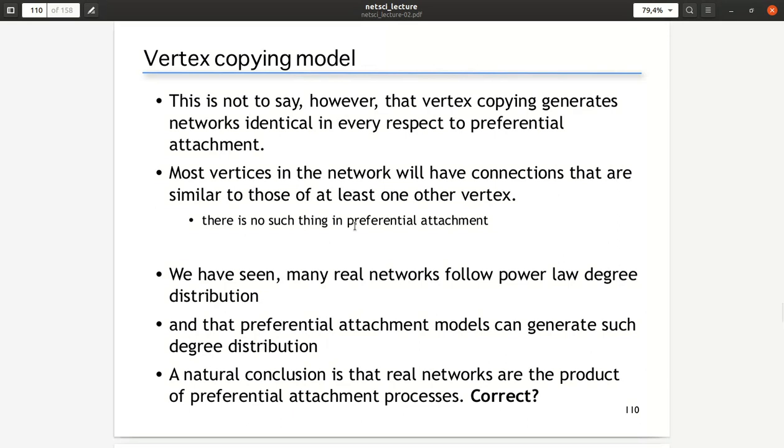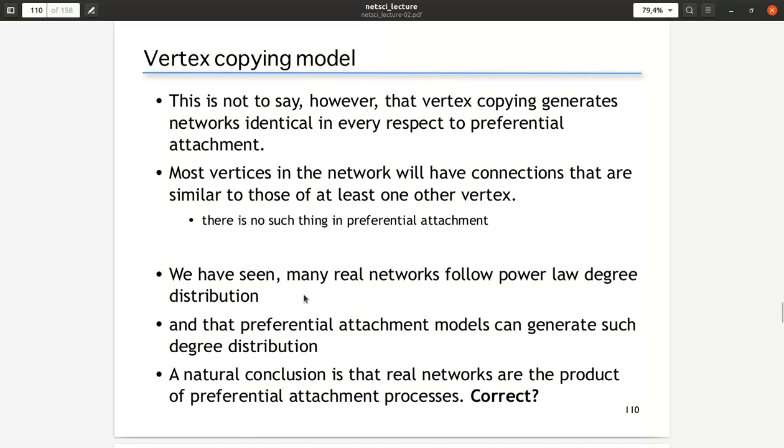Without any detail, unfortunately we can't go into this, but it turns out that there is no such thing in preferential attachment. So in preferential attachment networks, we don't have this kind of node similarity.